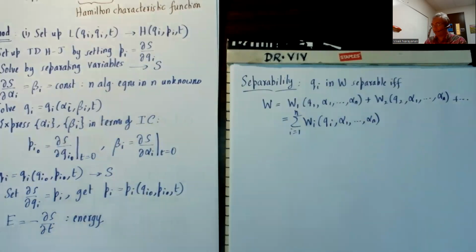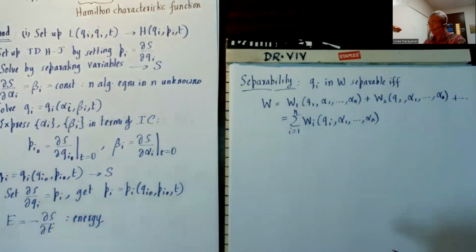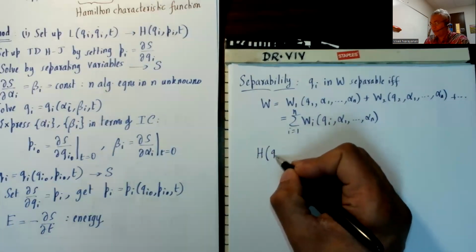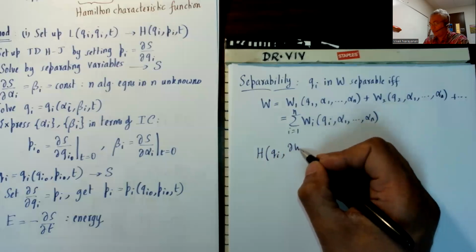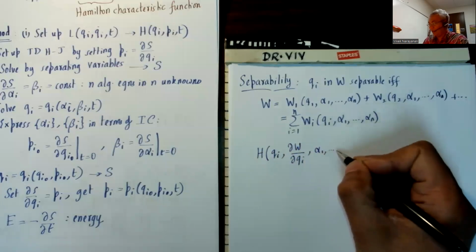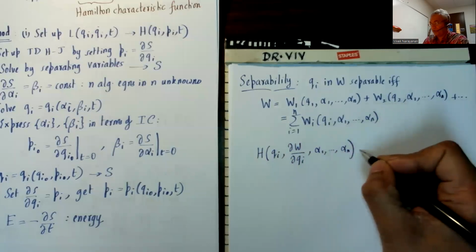Sometimes you may have just one of them that's separable and not all of them, in which case you have to have partial separability. So then the Hamilton-Jacobi equation becomes something like this. So H of Qi, del W by del Qi, and then alpha 1 up to alpha n, that's the general case.